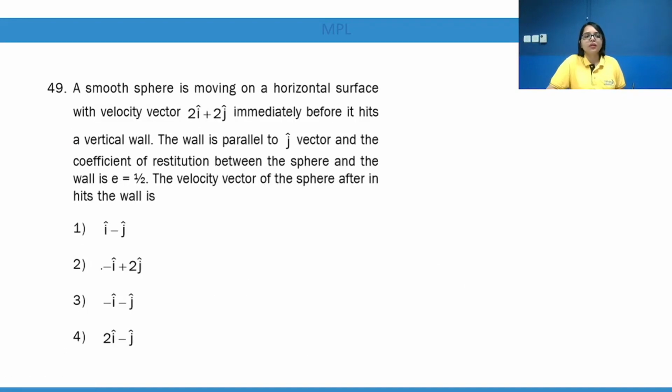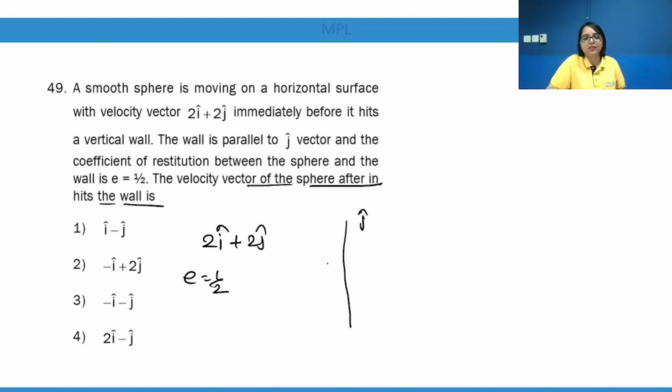Question number 49. A smooth sphere is moving on a horizontal surface with velocity 2i cap plus 2j cap immediately before it hits a vertical wall. The wall is parallel to j cap vector and the coefficient of restitution between the sphere and the wall is 1 by 2. The velocity vector of the sphere after it hits the wall is, there will be no impact along y-axis.